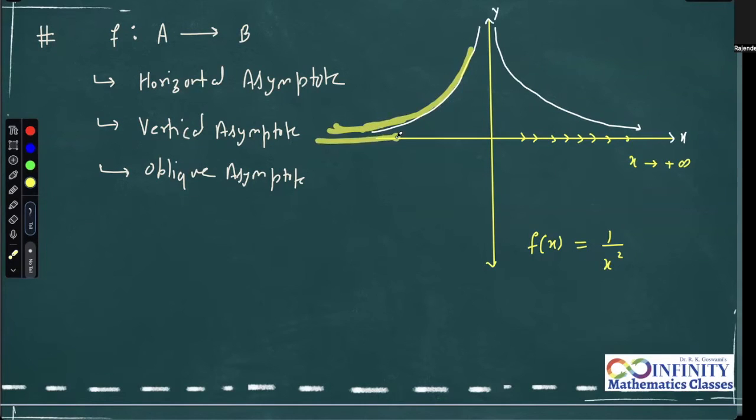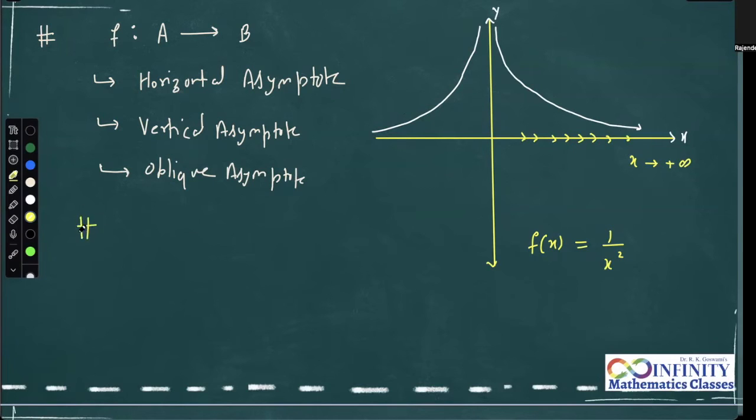As x tends to negative infinity, it will go along this line up to infinity. That means up to infinity they are going to be companions. Because this x-axis is a horizontal line, we call this a horizontal asymptote.